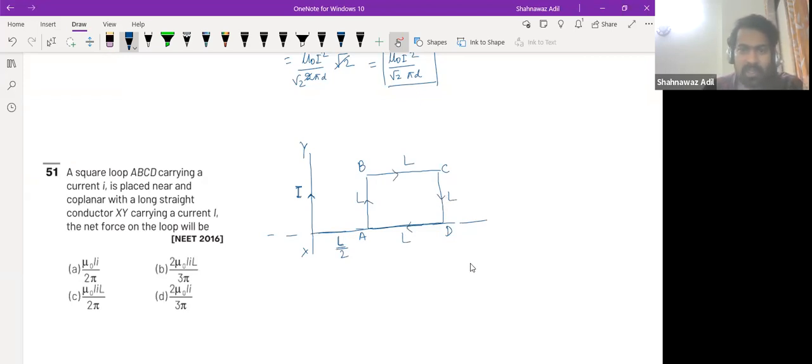This is the direction of the current, and the amount of current is I. So we have this ABCD loop carrying a current I, and the wire carries I. Both are coplanar.